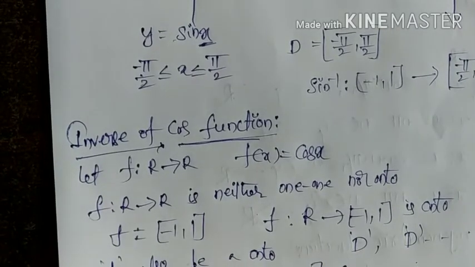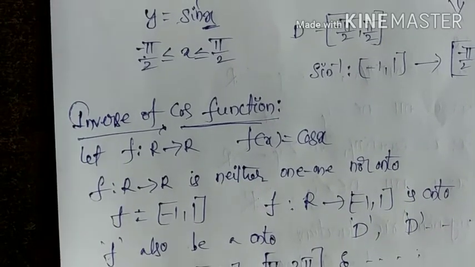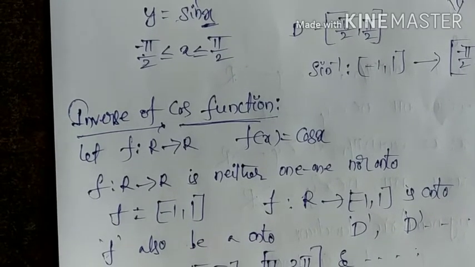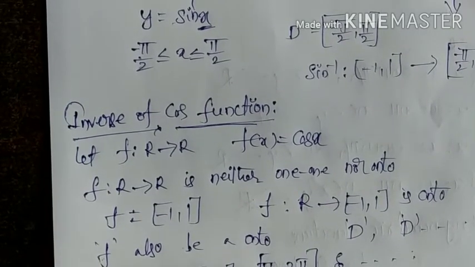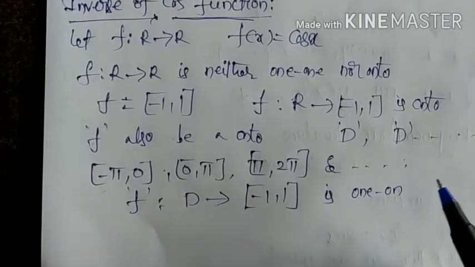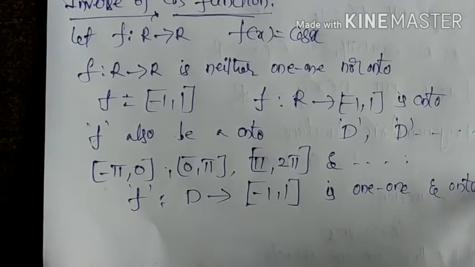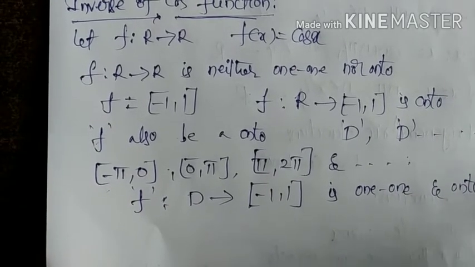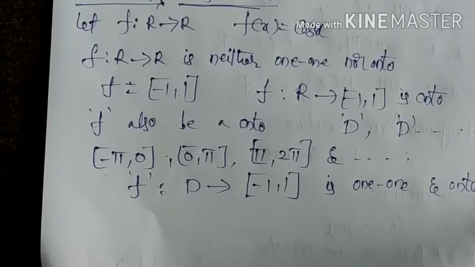For any of these intervals as the domain, the function f from D to minus 1 to 1 is one-one and onto. When it is one-one and onto, then it is a bijective function. When it is a bijective function, then the inverse is possible, so f inverse is possible.